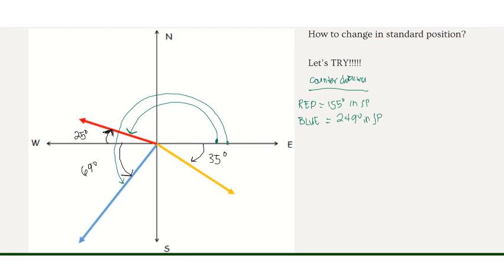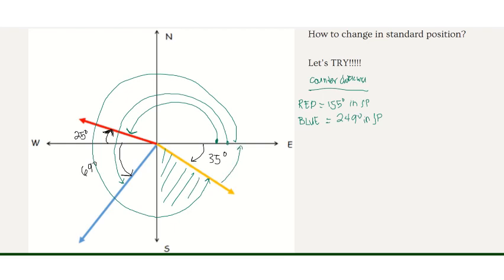Sige, next naman. So, 35 degrees dito. 270 na to. Usog ka pa dito. So, paano mo malalaman yung angle na to? So, pwede mo naman palang gawin na 360 minus 35. Ito ng buong angle yung makukuha mo. So, 360 minus 35 will give you 325.